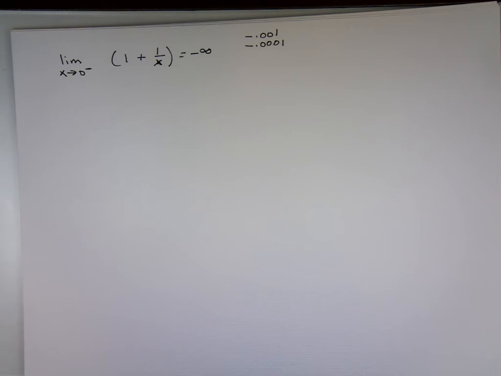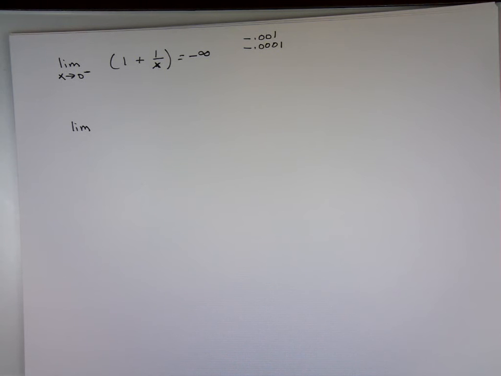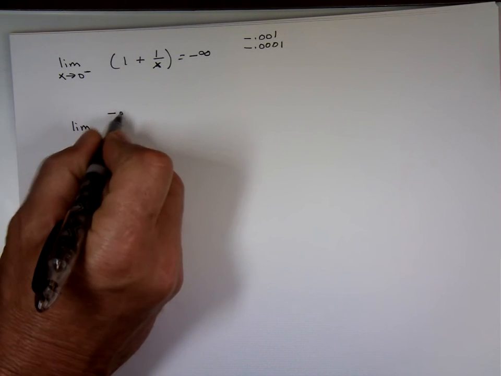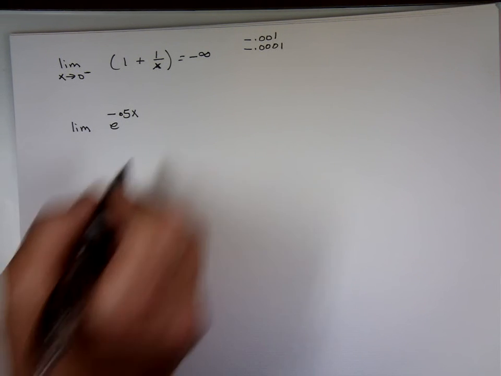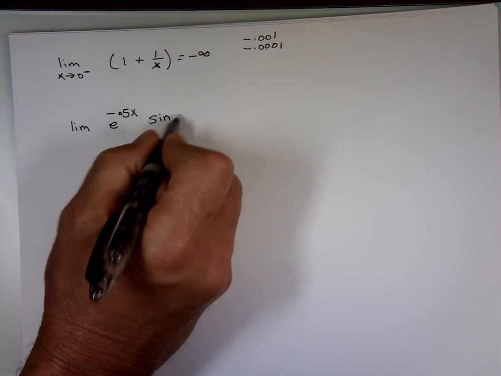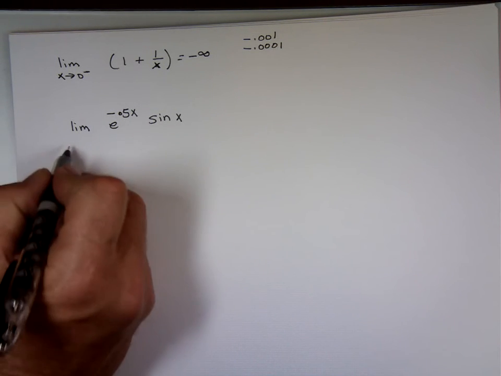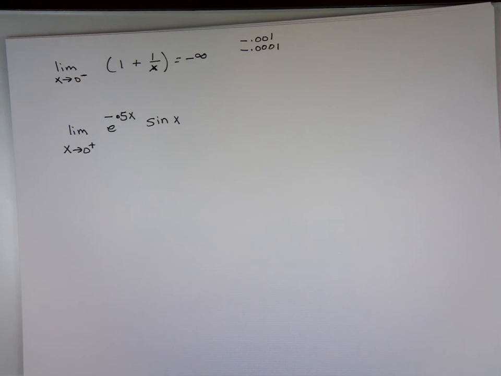I could make an ugly problem like this one. The limit of e to the negative 0.5x sine of x as x approaches 0 from the right side. Again, plug in a couple of numbers.